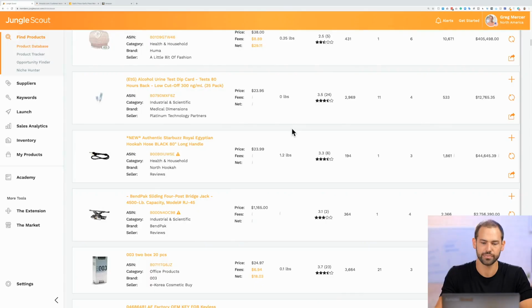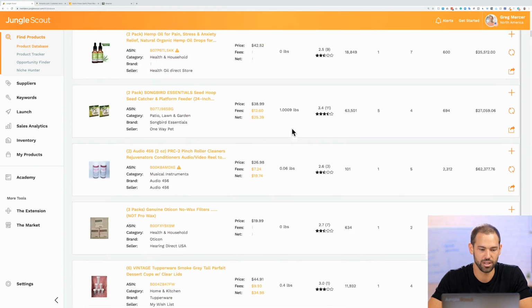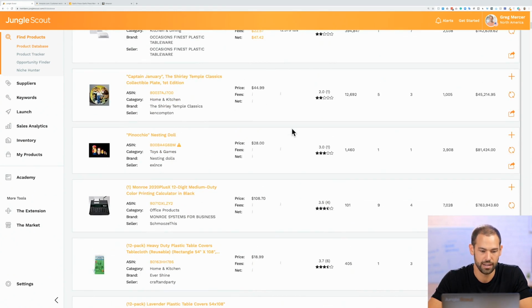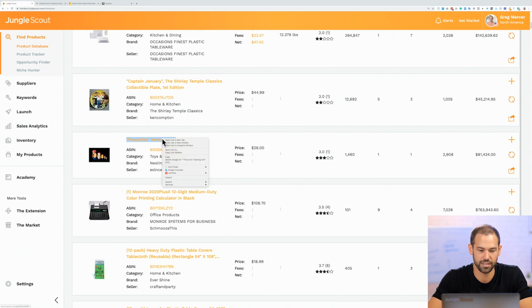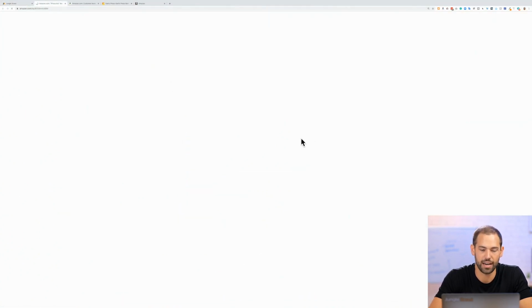So this individual product meets this criteria, but I need to verify that the niche or the opportunity as a whole is going to be a good opportunity for me on Amazon. So the way I go about doing that is I go straight into Amazon. So let's go up to some of these products. What was the first one I thought might be good? These nesting dolls. I'm going to open this on Amazon and take a look at it.